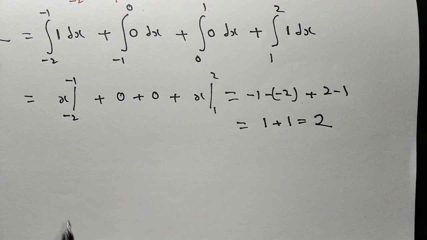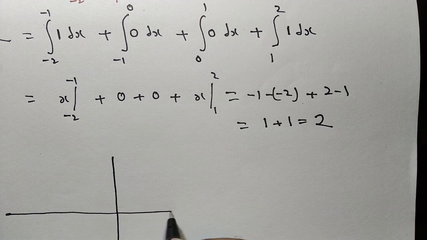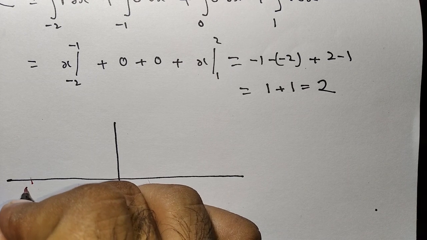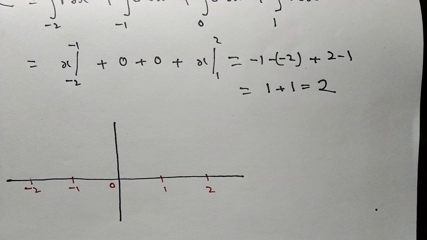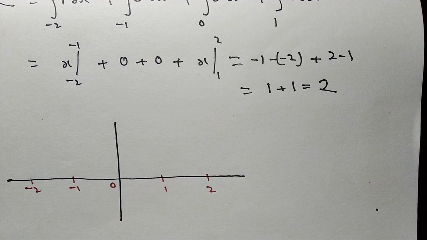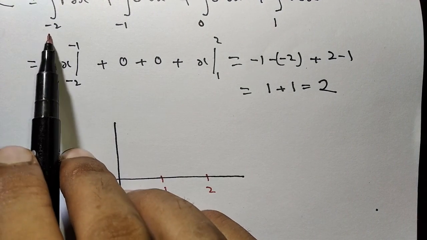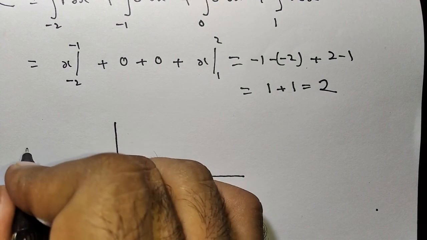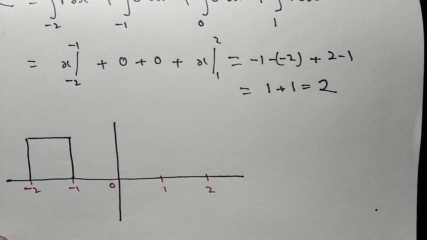The proof for this is to just draw a diagram. We have the values minus 2, minus 1, 0, 1 and 2. We know that the integration gives the area under the curve, the area of the figure. When x is from minus 2 to minus 1, then y is 1.